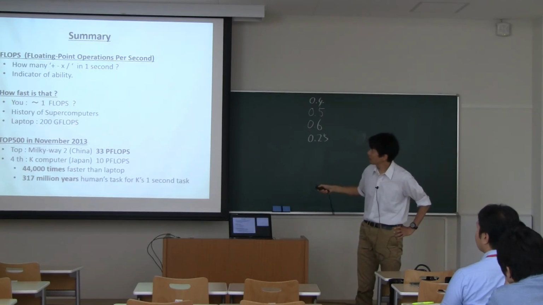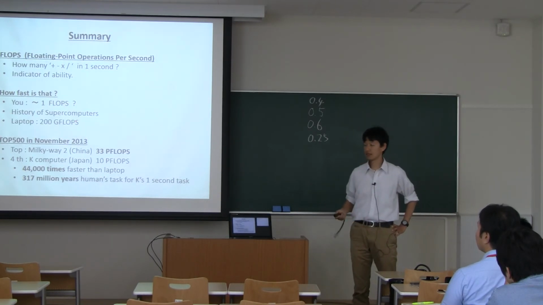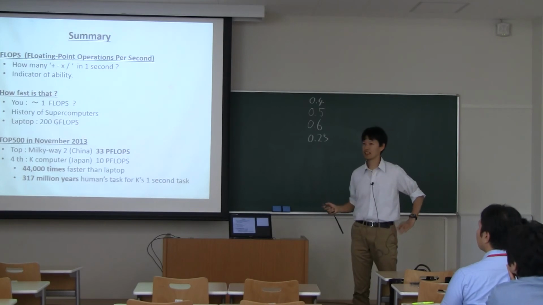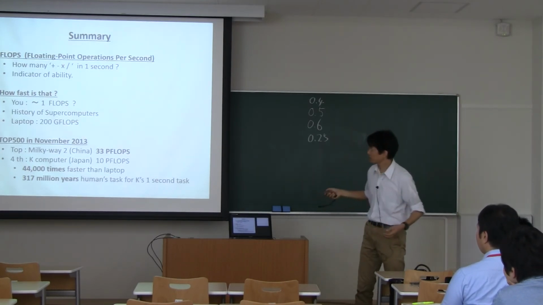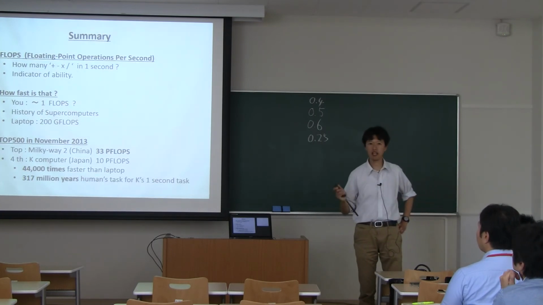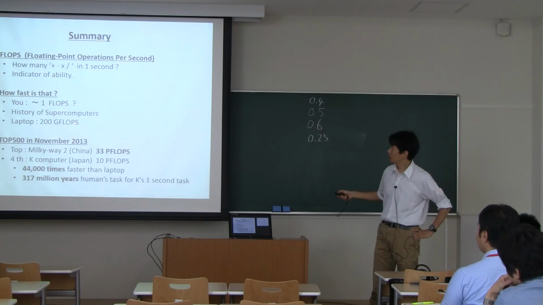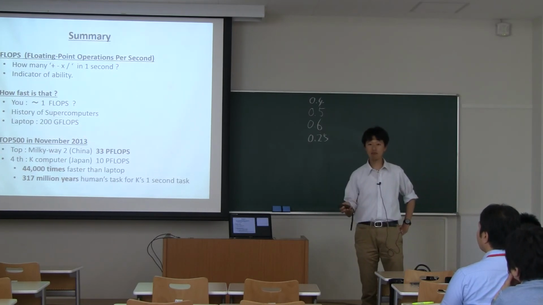And second, I introduced how fast it is, comparing you, your laptop, historical supercomputers, real-world flops and the history of supercomputers. Your laptop has about 200 gigaflops ability, and this is the same as the fastest supercomputers in the world about 20 years ago.